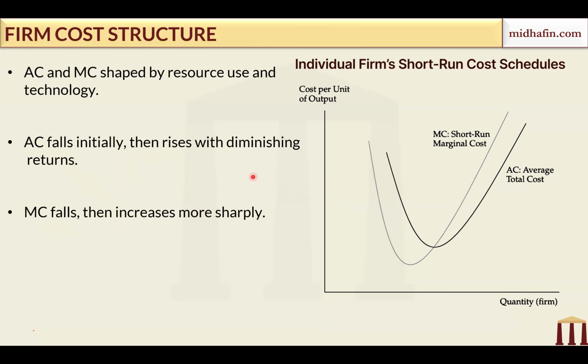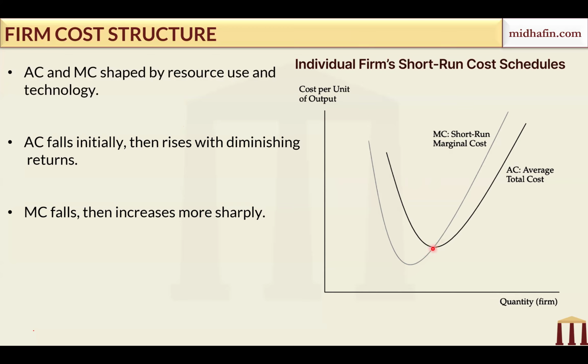But if you remember from the last class, the minimum point was a very critical point, because whenever the marginal cost is below the average cost, it is actually below the average cost till the minimum point of the average cost curve.